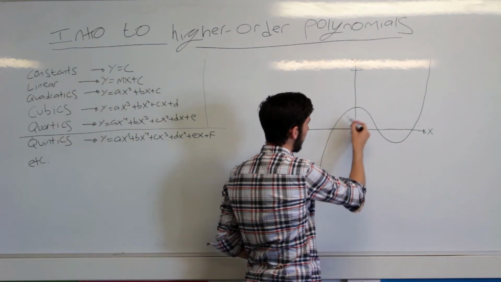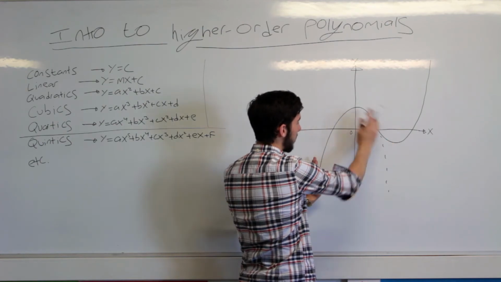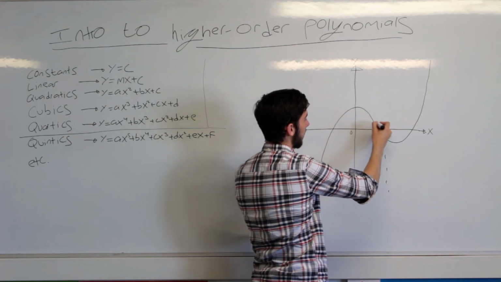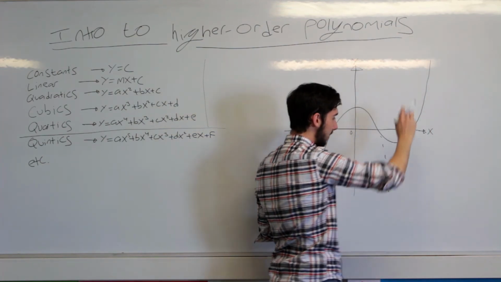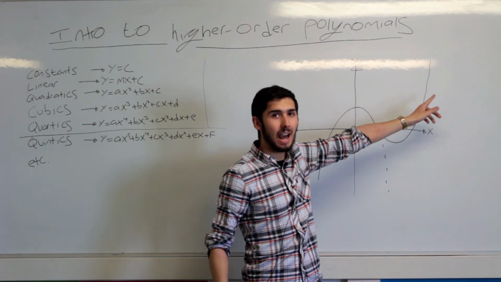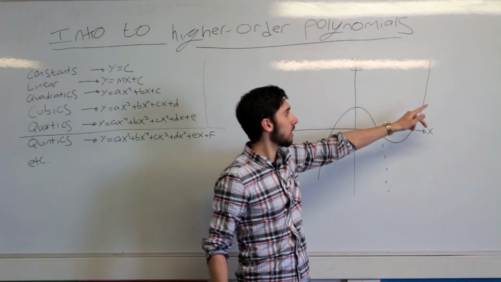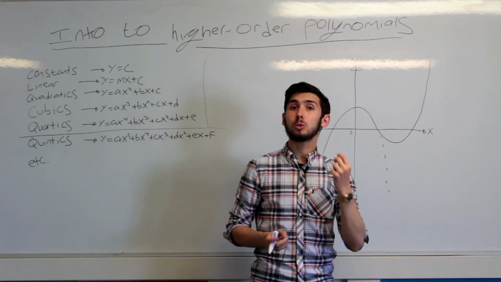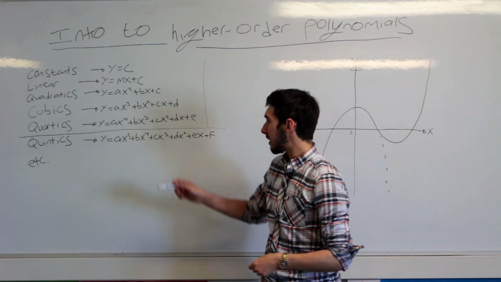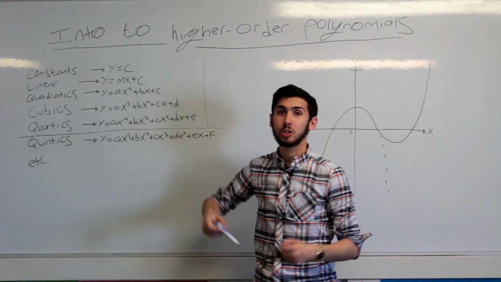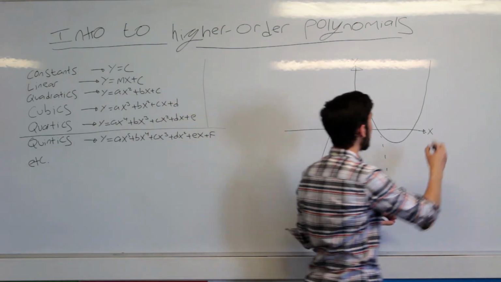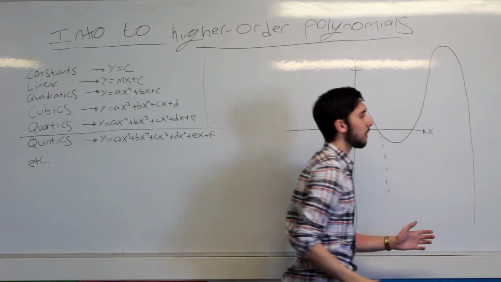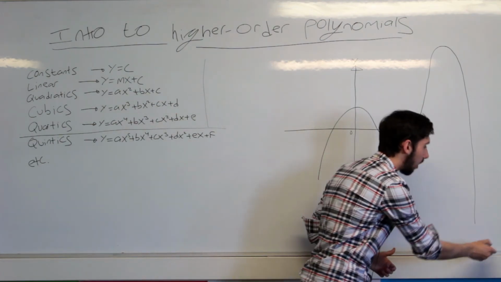A quadratic would come up and down, but the cubic comes up and then down and then back up again. But it will never come back down after that. It's done after that. It's just going to shoot up to infinity. If it was a quartic and it was 1 power of x higher, it might go up like this, and then it might come back down again. But again, it would never come back up after that.